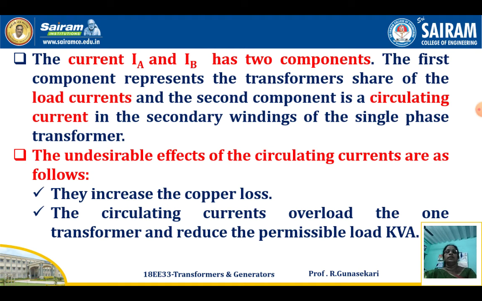Then the currents IA and IB have two components. One is the load current: since both transformers are connected in parallel, the load is shared by both transformers. The second component is the circulating current, which occurs in the secondary windings of each transformer.